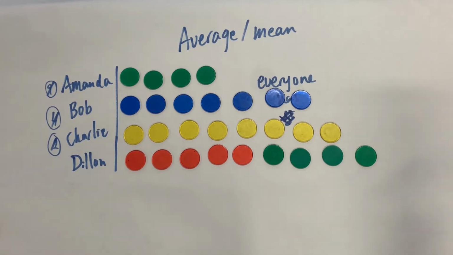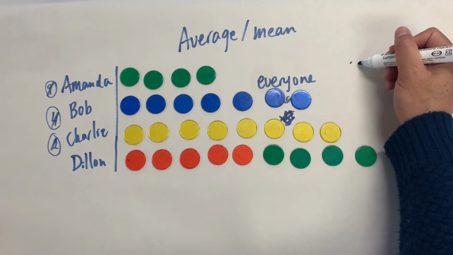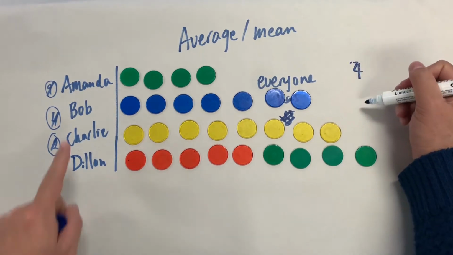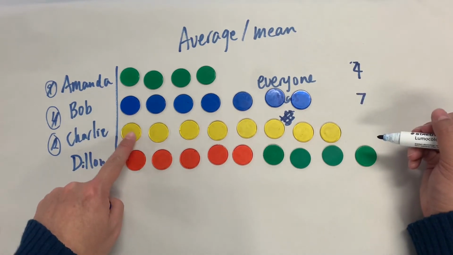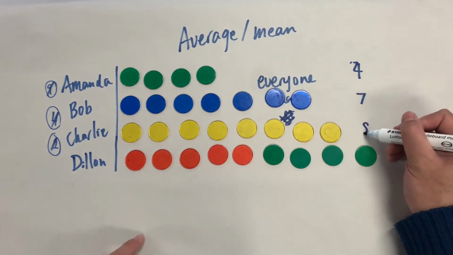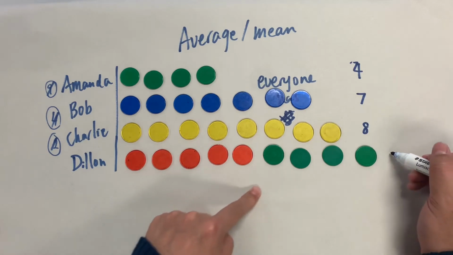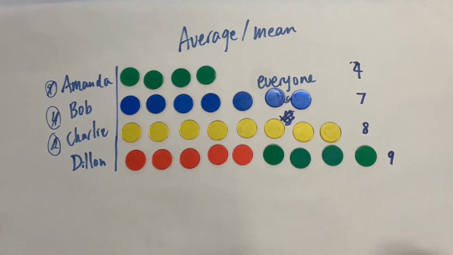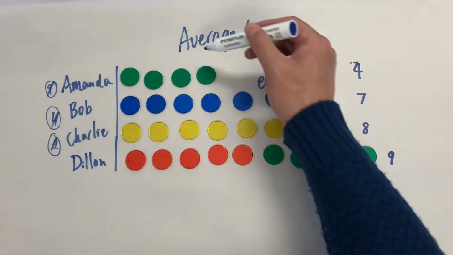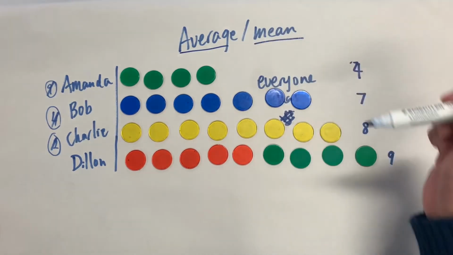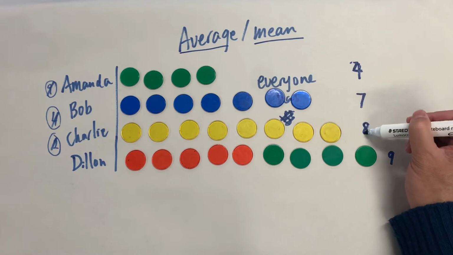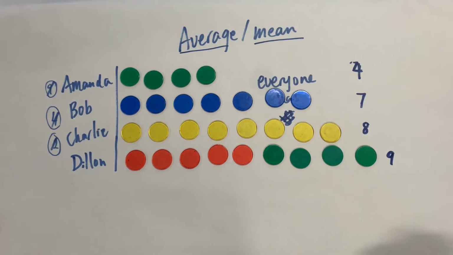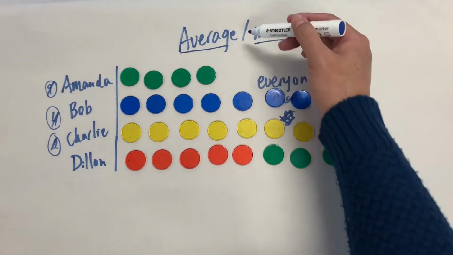By looking at these, Amanda has 4 marbles. Bob has 1, 2, 3, 4, 5, 6, 7 marbles. Charlie has 2, 4, 6, 8 marbles. Dylan has 9 marbles. What is the average or mean of the number of marbles each person has? In this case, what's the average?